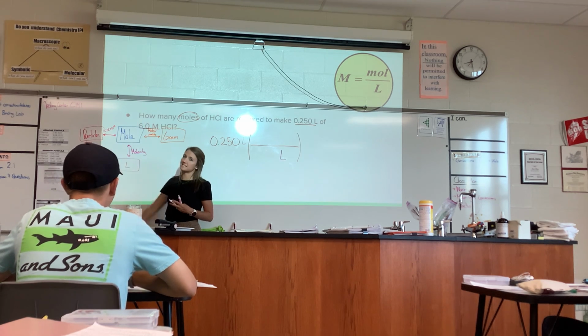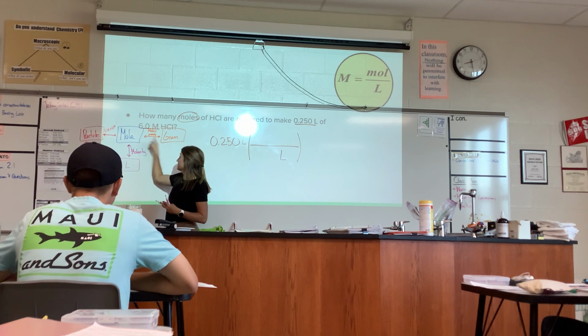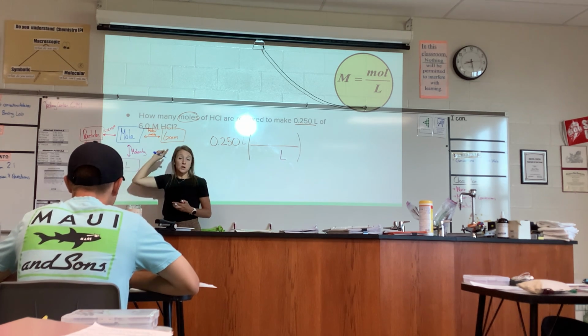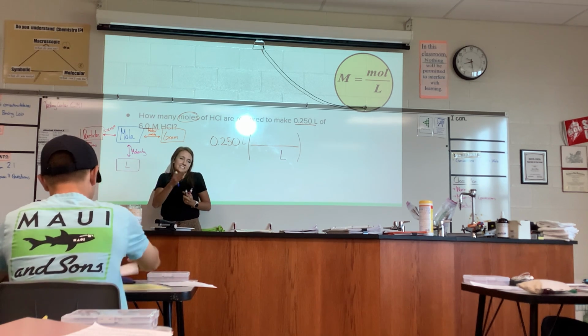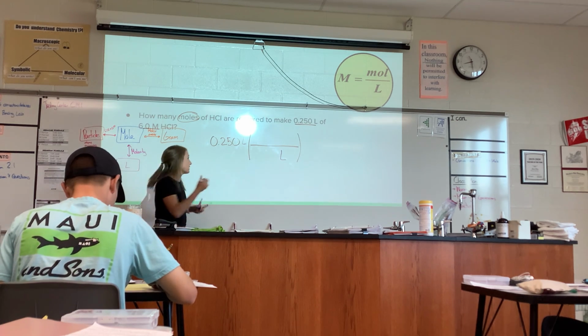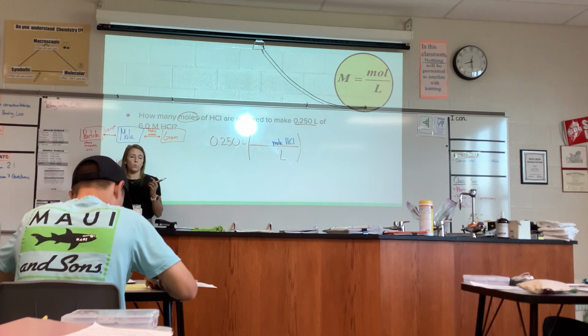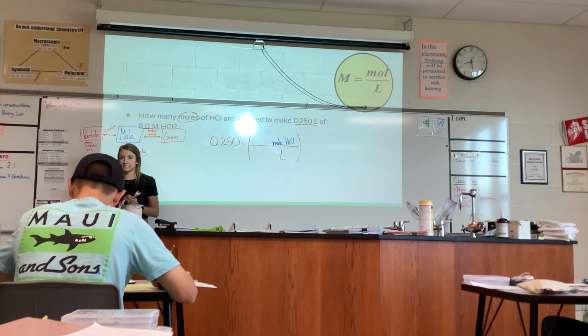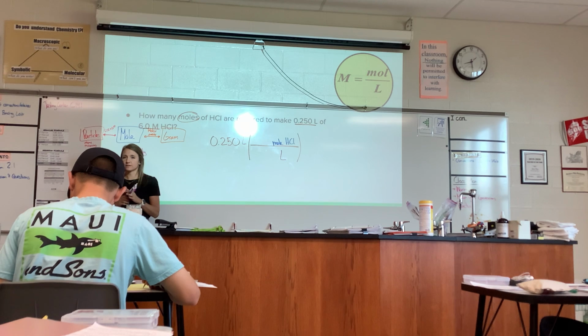This unit we're only doing one step, but eventually we're going to start doing 2-step problems. Don't roll your eyes, it's fine. It's not any harder once you get it, it just is a little bit longer. But the pattern never changes. That's what you want to grasp on. So I'm putting moles on the top. Any questions about why I put the units where I did? Do the units first, the numbers will take care of themselves.